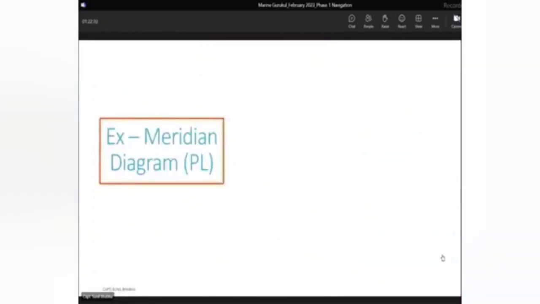Let's see the ex-meridian plot in the diagram. Now, the reference position where the ex-meridian PL is plotted or drawn or passes through is the DR longitude and the observed latitude. So this is the reference position, observed latitude, which we calculated from the ex-meridian formula, and the DR longitude.